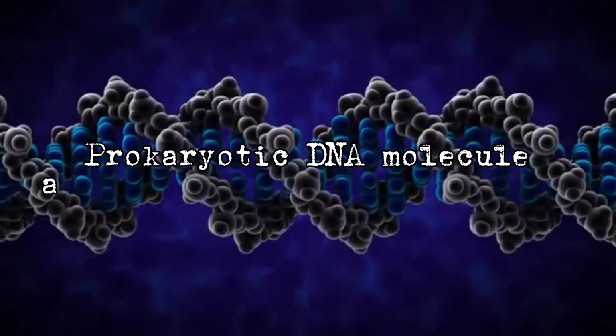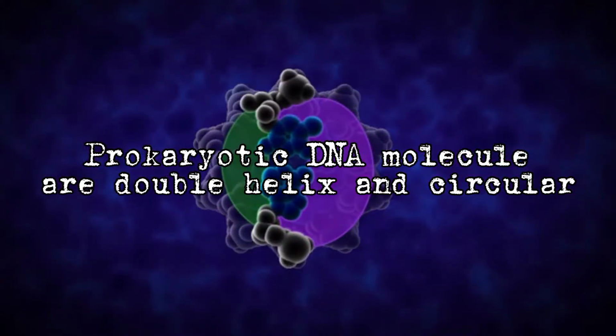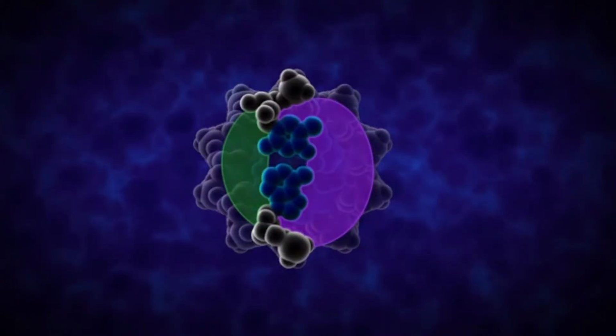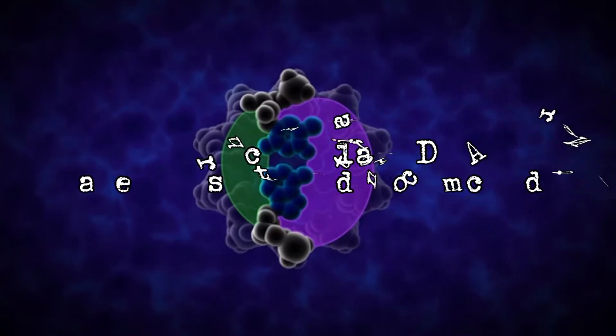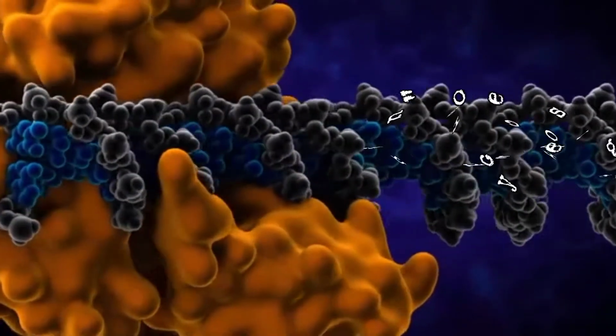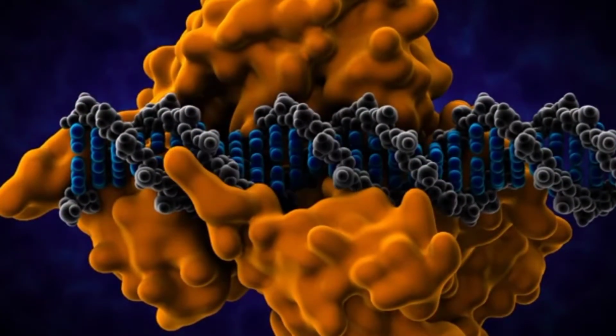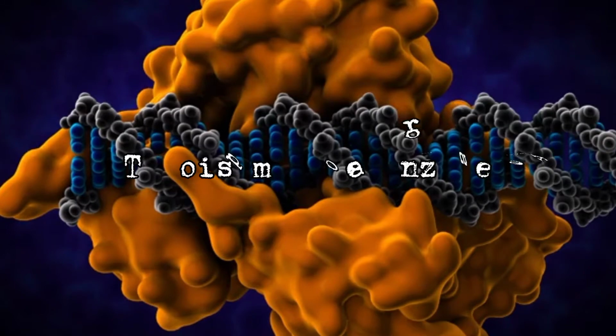Prokaryotic DNA molecules are double helix and circular. These circular double-stranded DNA molecules are twisted and compacted through a process called supercoiling or superhelicity. This is done naturally by the topoisomerase enzyme.